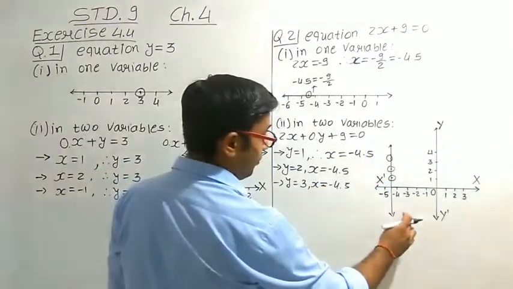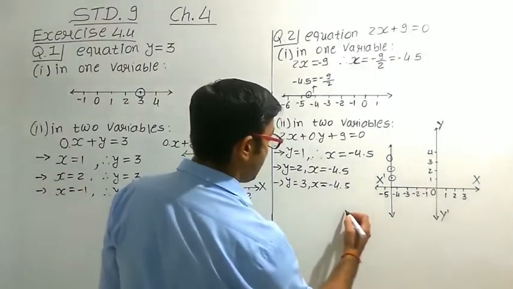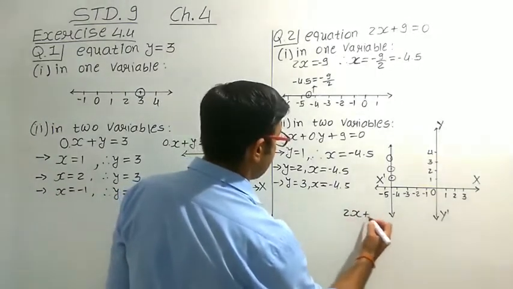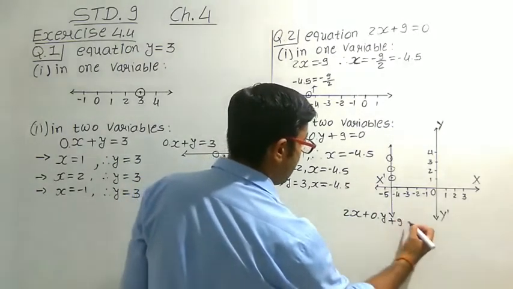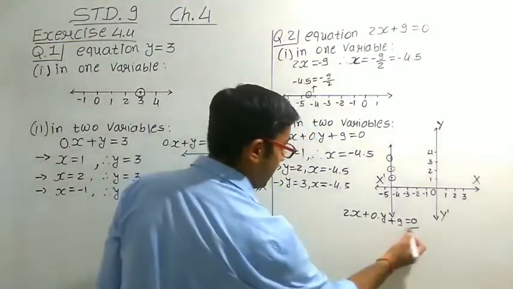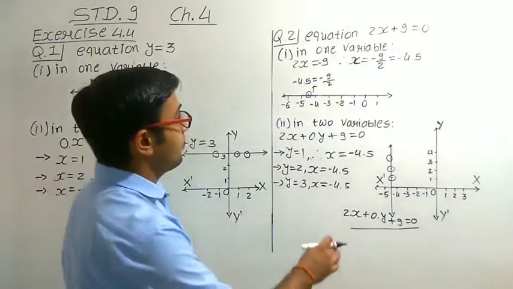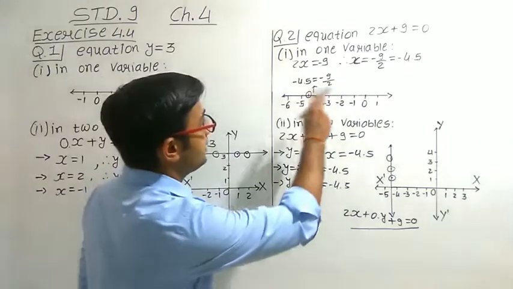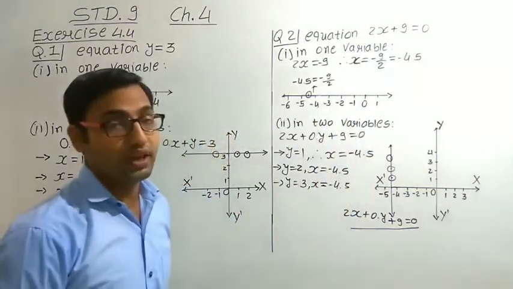So we can write for which line this graph is. This graph is of the line 2x plus 0 into y plus 9 is equal to 0. So this is the geometrical representation of the linear equation 2x plus 9 equal to 0 in two variables.